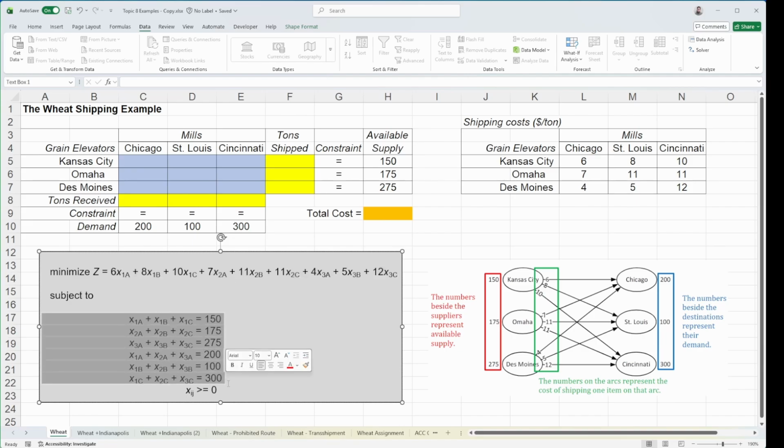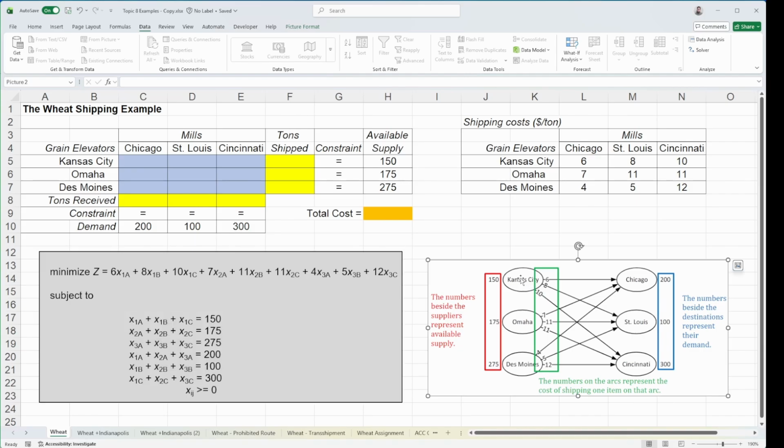The constraints are with regard to the supply and the demand. For each supplier, the amount of wheat being shipped out of it should be equal to what it has, right? Because again, this is a balanced problem.